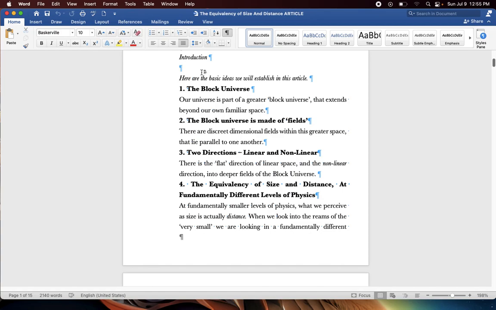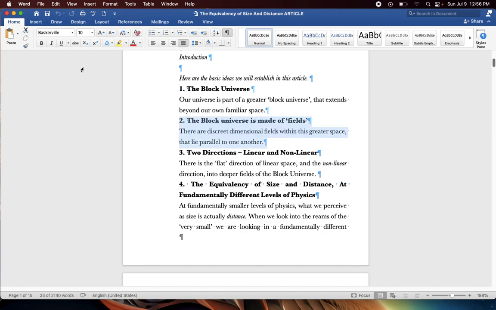I don't use this quite as other individuals have used it with other ideas, but for me the block universe is simply seeing the universe as a long block of space which includes our own three-dimensional universe as well as other layers or fields within it. So the second point is that the block universe is made of fields.